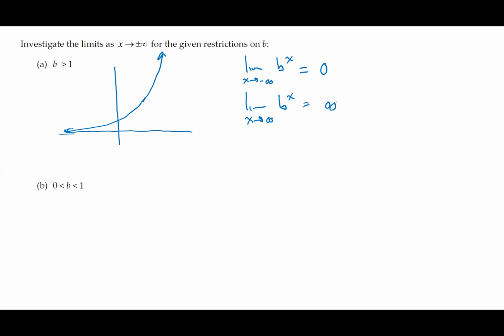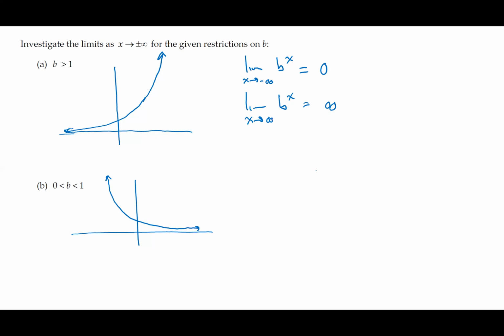Now, what if 0 is less than b is less than 1? Well, what happens here is that this thing really does that. That looks like a reflection over the y-axis. And think about it for a second.